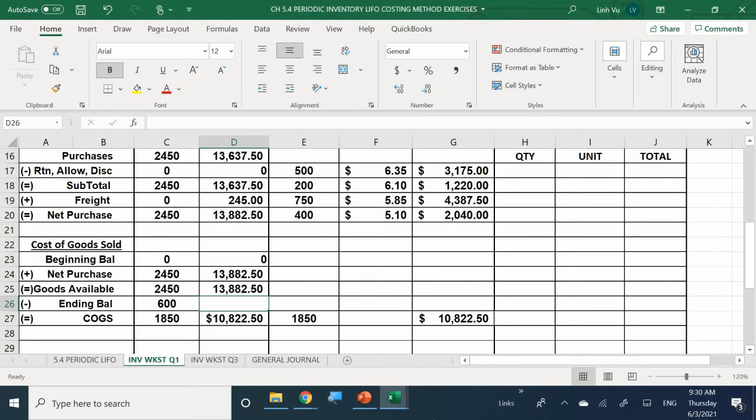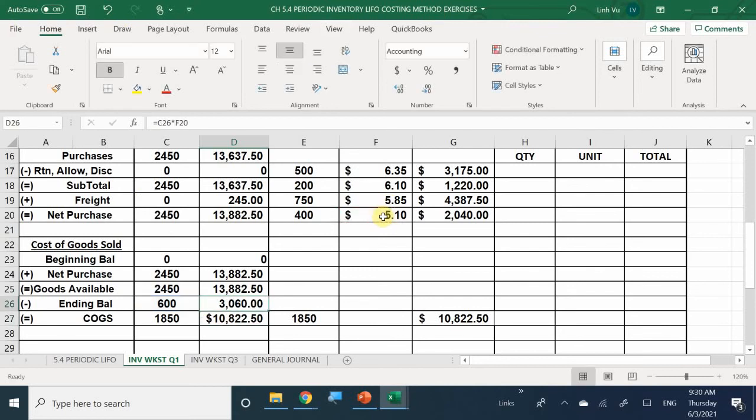I'm just going to subtract. Good. And I get a total of 3060. You can also take the 600 times the 5.55 and 10 cents, and you'll get the same answer.